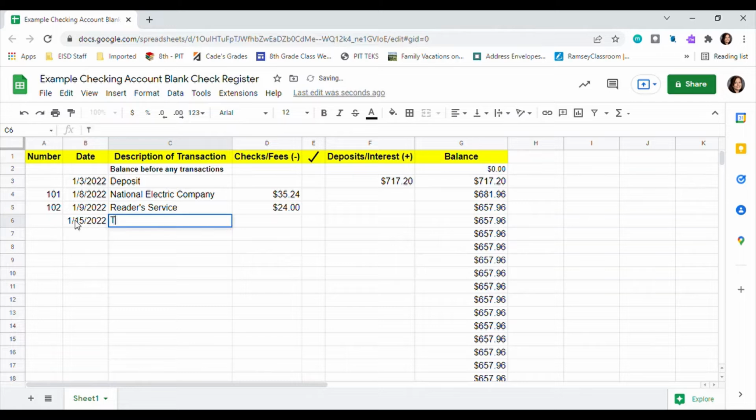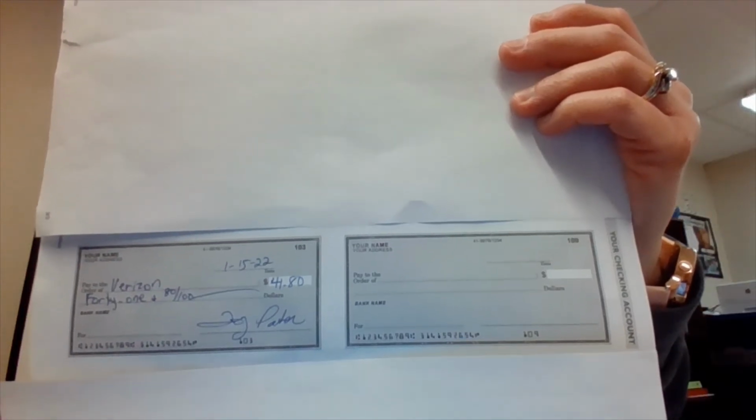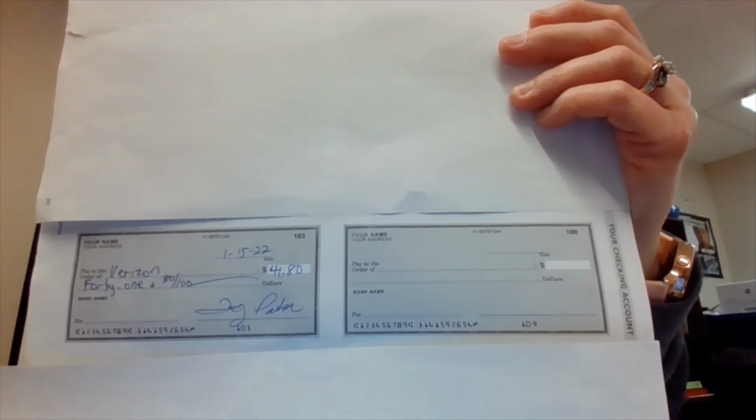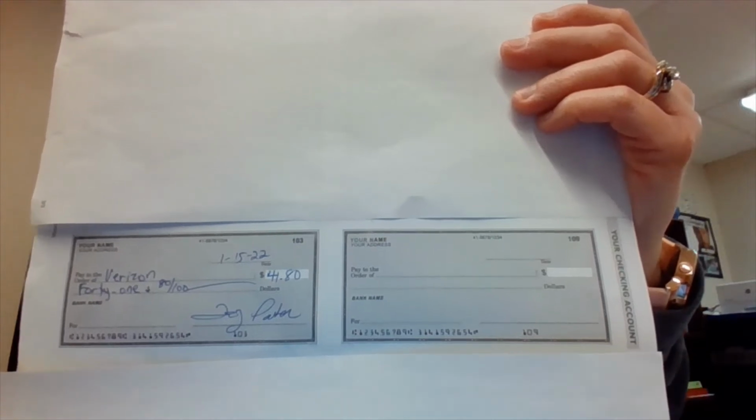And my description is where I used the debit card, which is Ticket Forum. And it's money leaving my account, so that's going to be $40 that I spent on those tickets, and I don't have to put the .00. And notice that it recalculates my balance. I now have $617.96. Next up, we have check number 103 for $41.80 to Verizon.